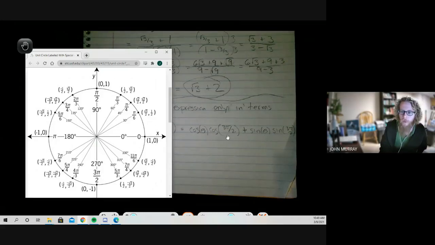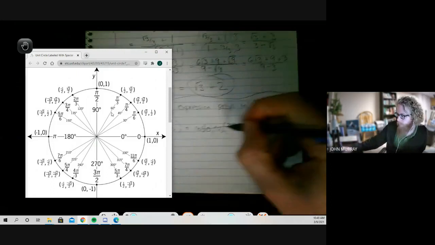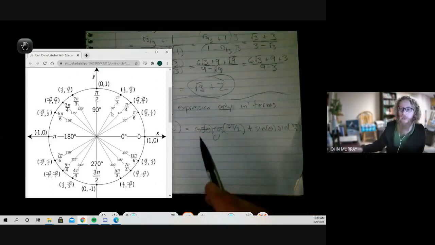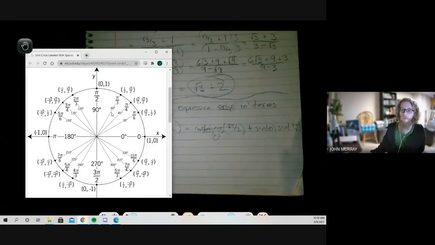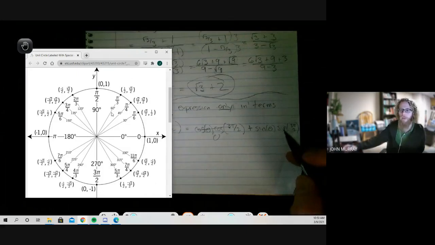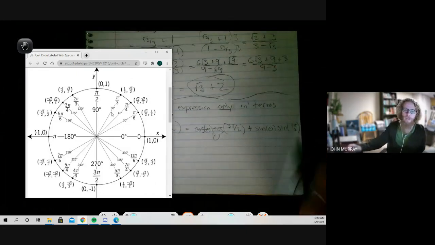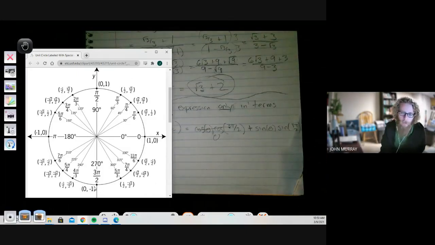So here, the cosine of 3 pi over 2 is just going to be 0. So this whole term goes away because it would just be cosine times 0, which is 0. Sine of 3 pi over 2, well, this is telling me that's going to be negative 1.